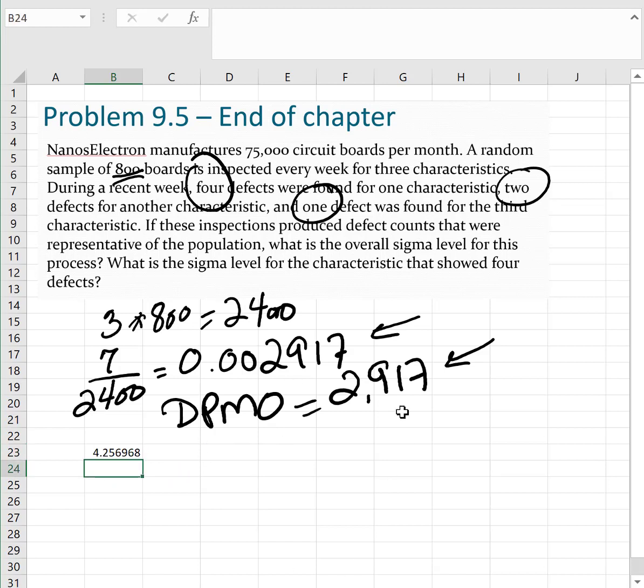So we get 4.26 almost as the sigma level for the entire process.